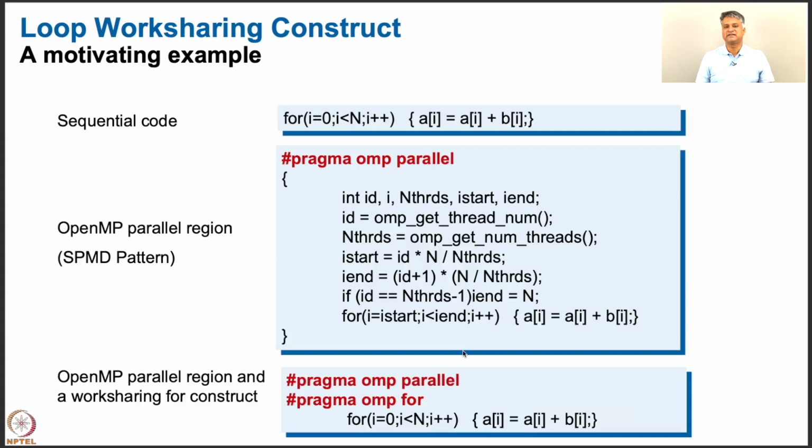But it is not necessary that the workload be uniform. Depending on the index that you're working with, you could have a higher or a lower workload, which could take different amounts of time. Now, if I have dynamic scheduling, it's quite possible that one thread is working hard because it has a higher workload, and another thread is working less because it has a lower workload, depending on the vagaries of the program.